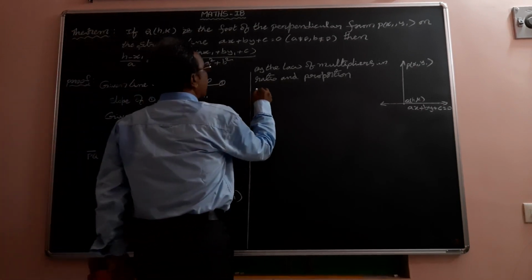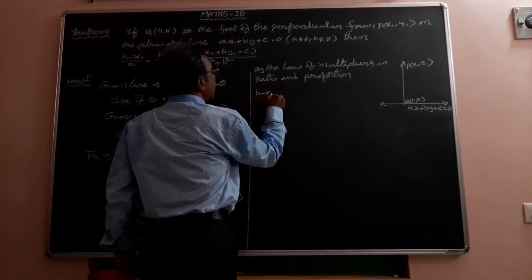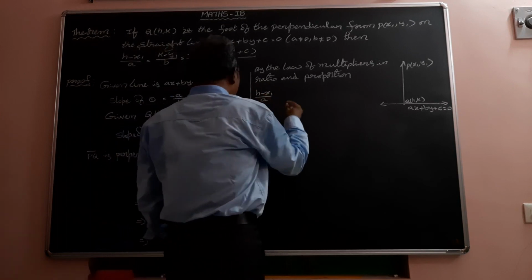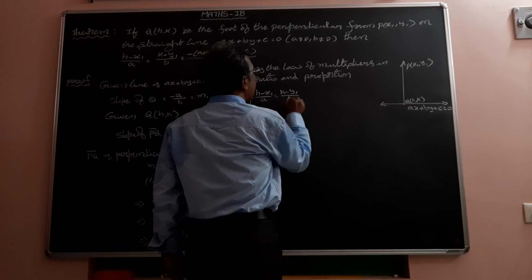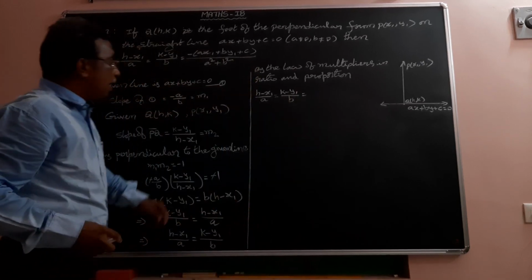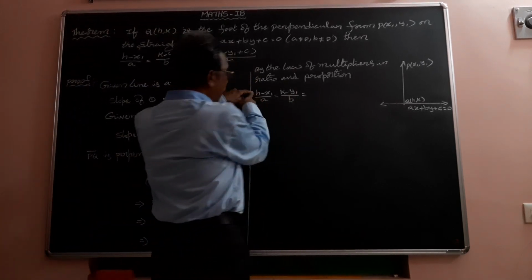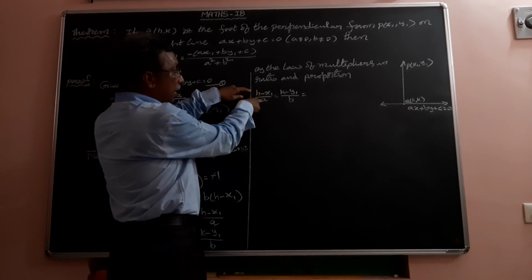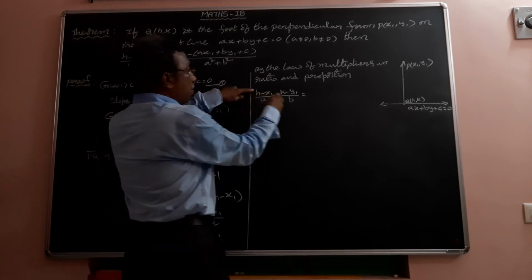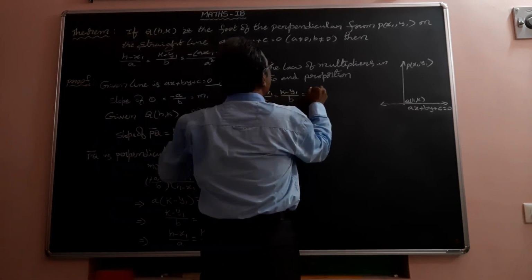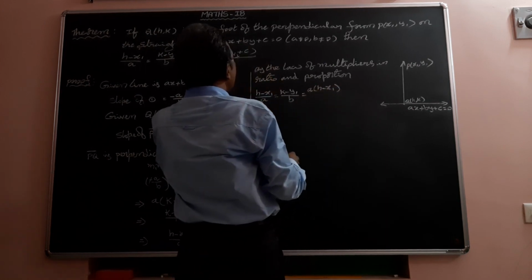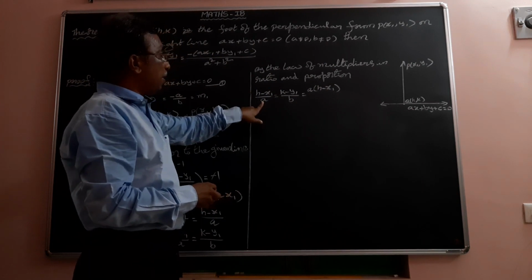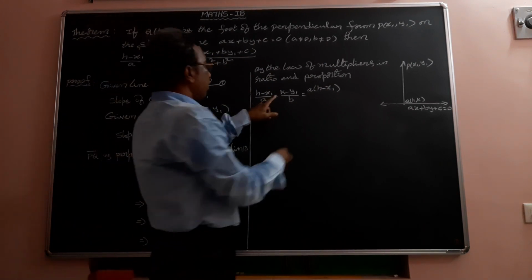Now we write (h minus x1) by a equals (k minus y1) by b equals, multiplying numerator and denominator with a, a into (h minus x1) by a into a, a square.